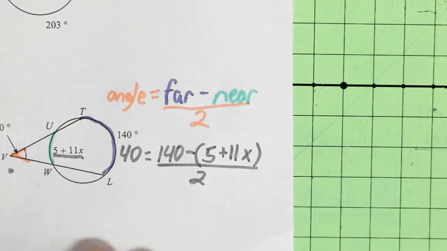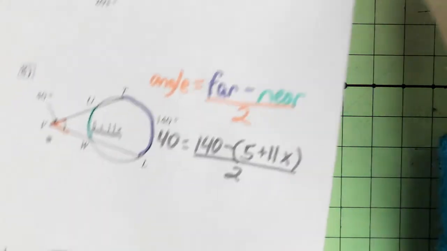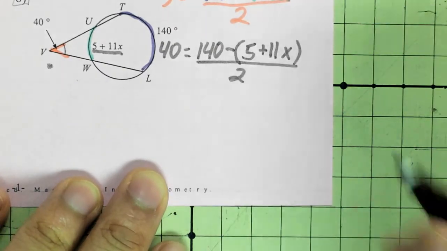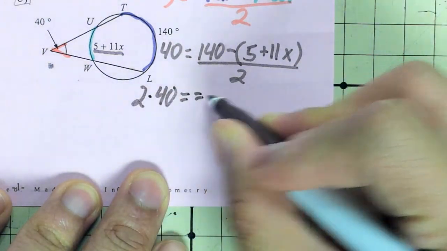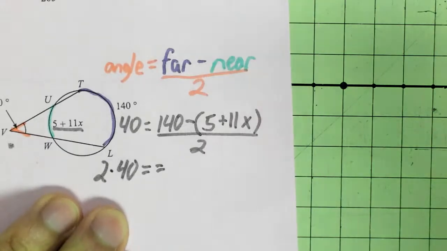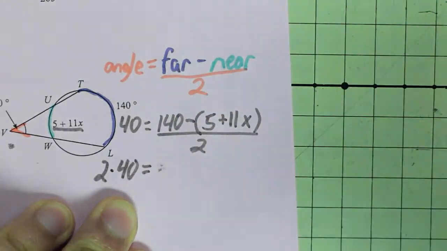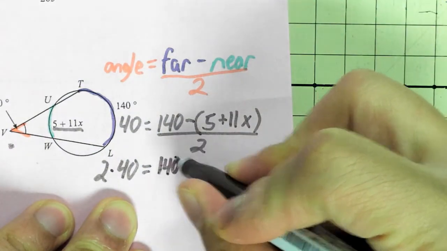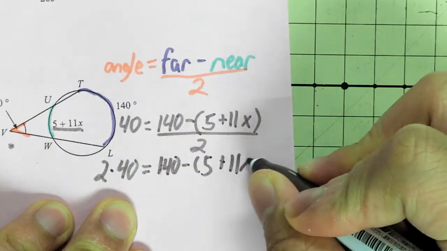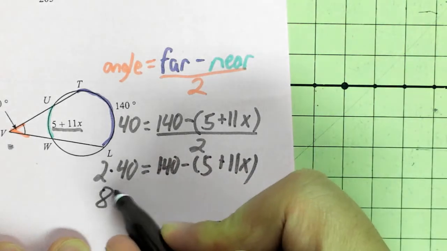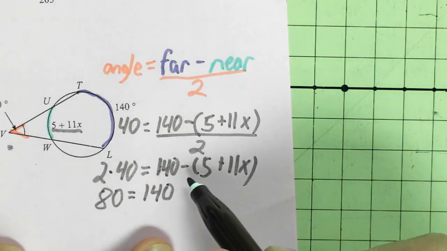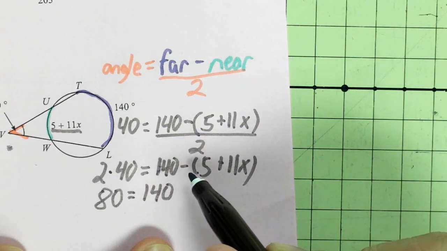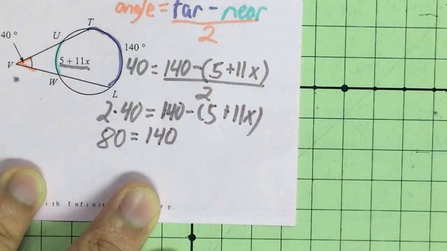Solving for x, I can multiply 2 on both sides. Getting rid of the fraction, a trick is to multiply by that denominator. So 2 times 40 equals, so we have equal sign over there. 140 minus (5x plus 11). So I have 80 equals 140. Notice you have this negative in front of a parenthesis. Let me make a note of that.